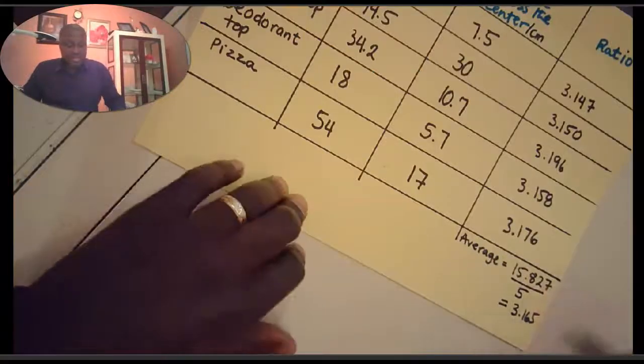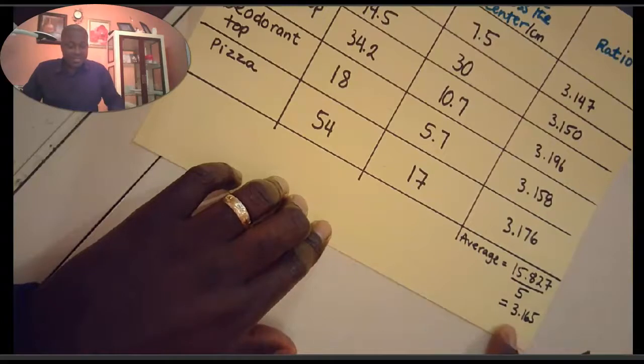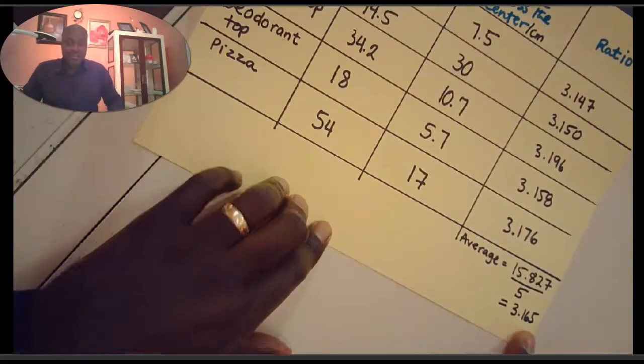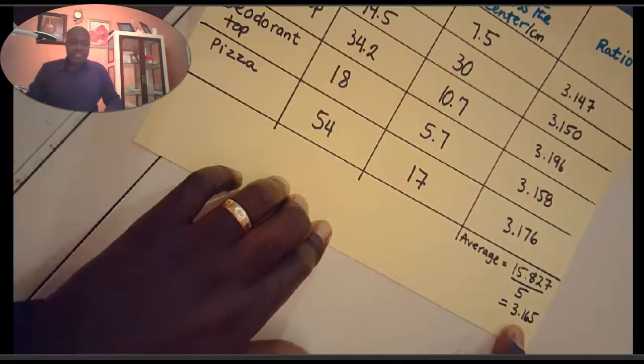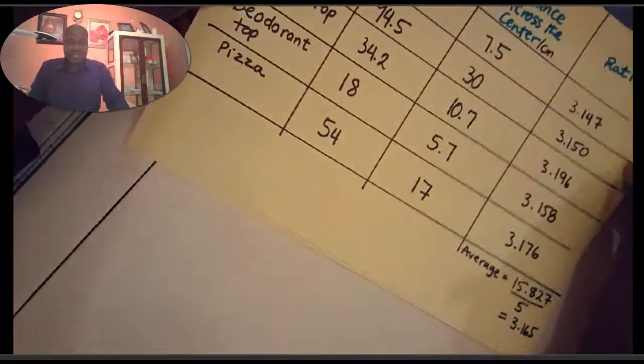All right, guys. So we added everything. We got 15.827. We divide it by 5, and then we get 3.165 to 3 decimal places. So now let's do something right here.